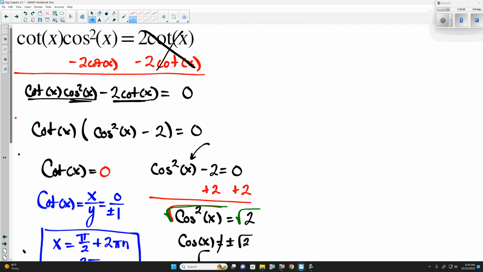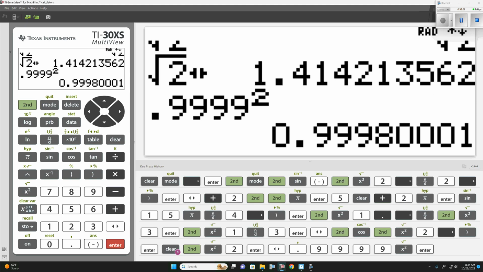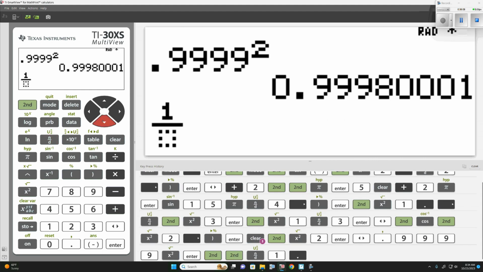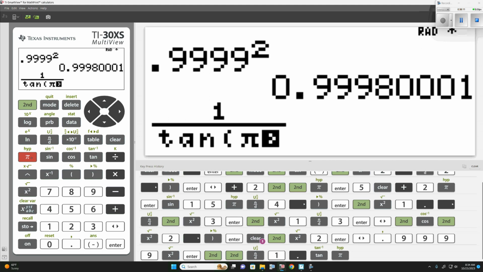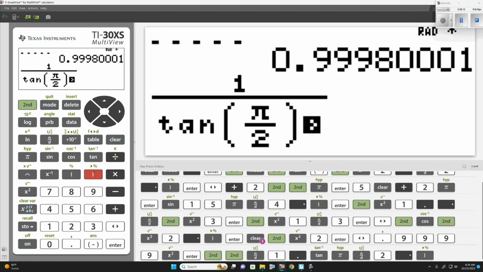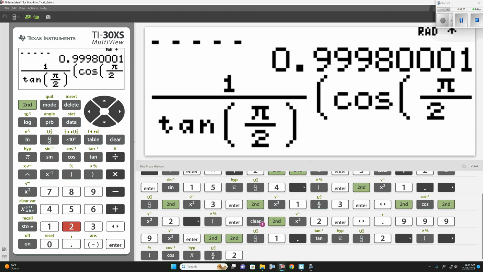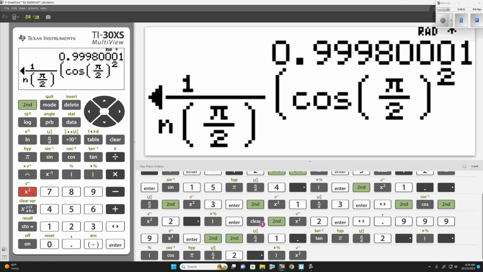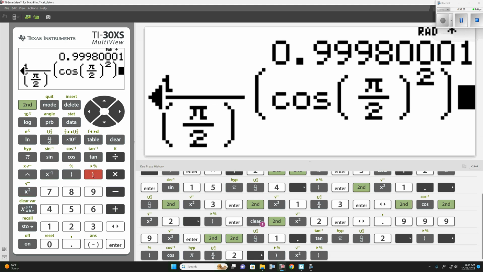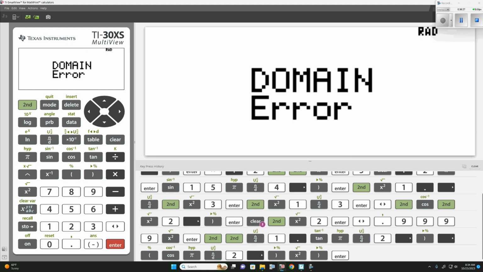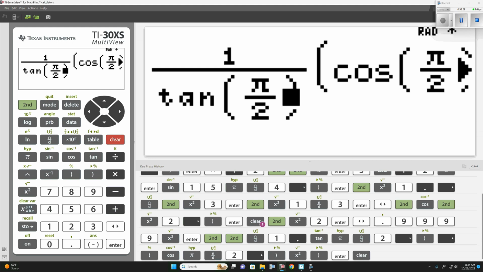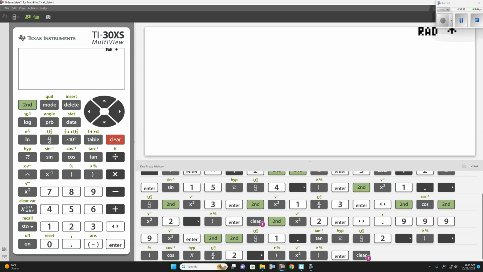And we could check it because we could say cotangent, which is 1 over tangent. So we can say 1 over tangent of pi over 2 times cosine of pi over 2 squared, and see what we get. Yeah, we can do it.